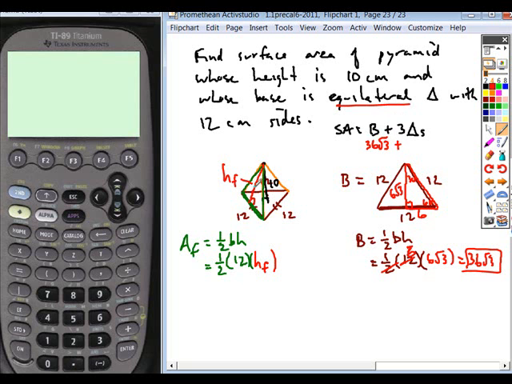Okay, so in order to find this height, if we connect where the H sub F intersects this base of 12 and connect that to our center point, the center point is where the vertex is perpendicular to the base. On any regular polygon, which is why I'll always use regular polygons, including the equilateral triangle, this vertex will always line up directly over the center of our base shape.